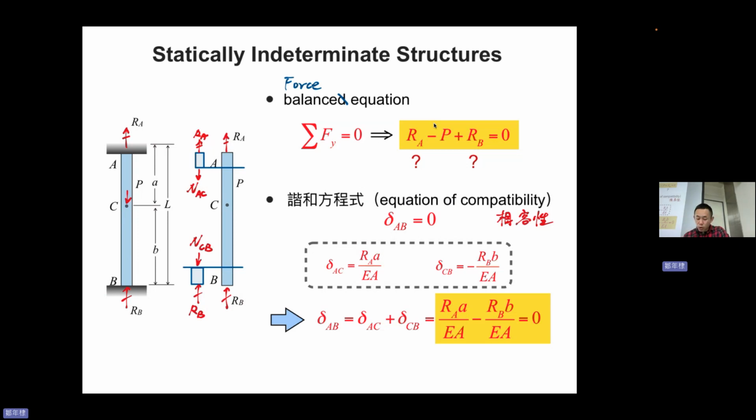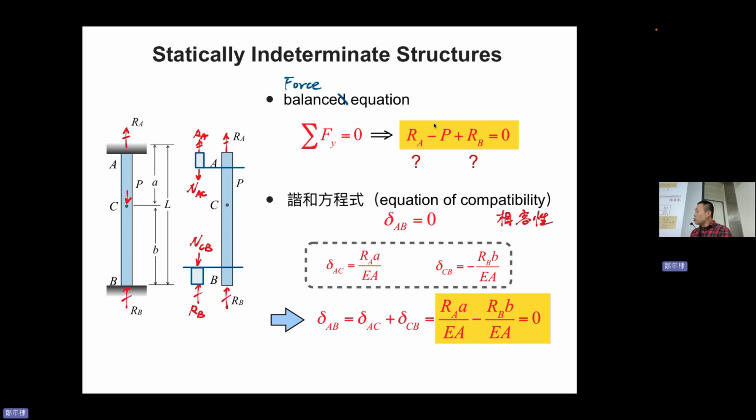But now you only have symbols, so you don't know if this is correct. It follows your system, so no matter how the value changes, this is okay. RA is the upper part, and NAC must be tension, so this is positive. If RA and RB are correct, NCB must be downwards, will become compression, so it's negative.